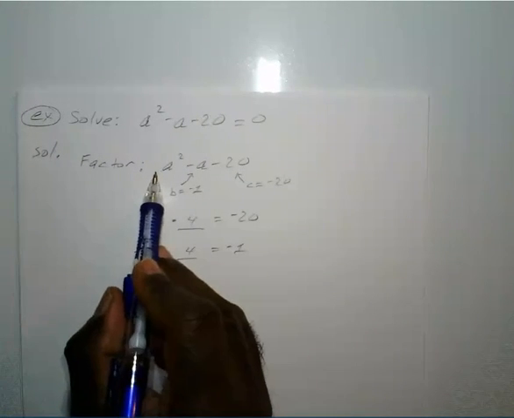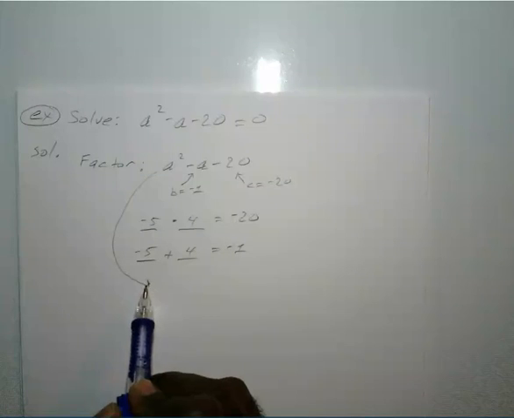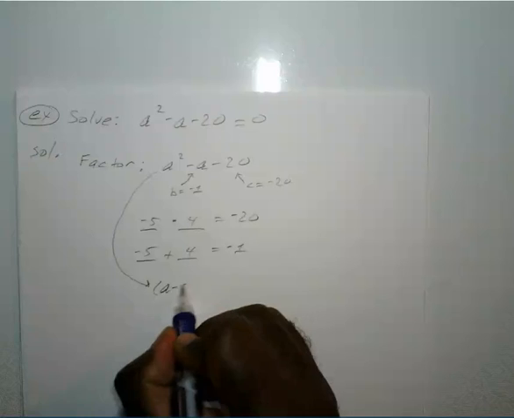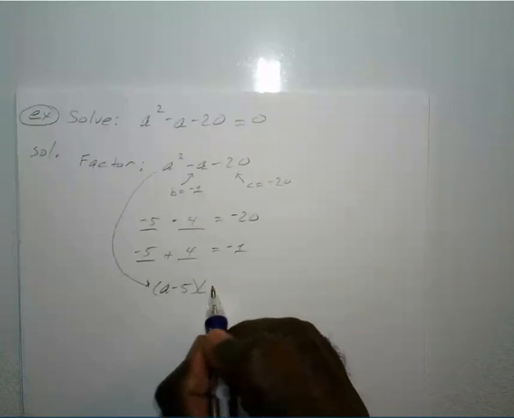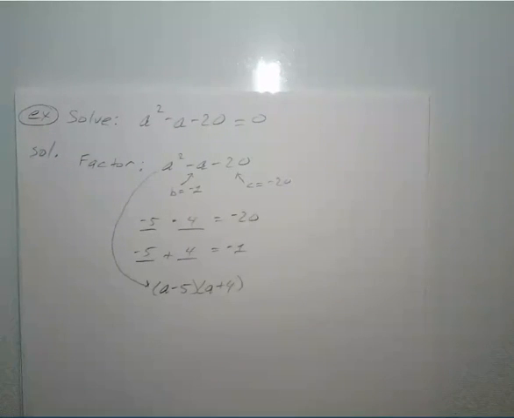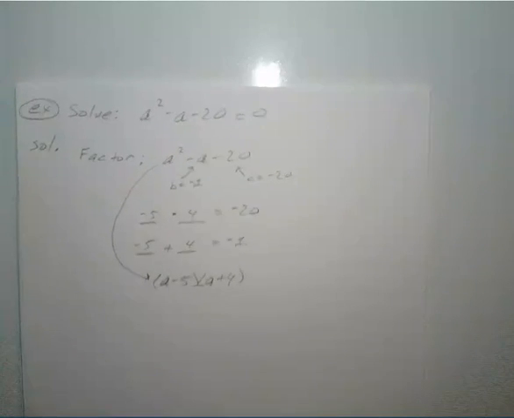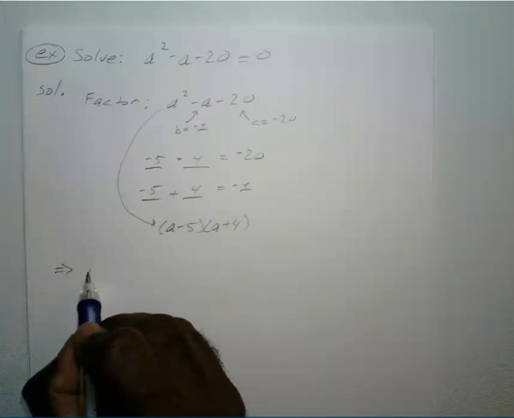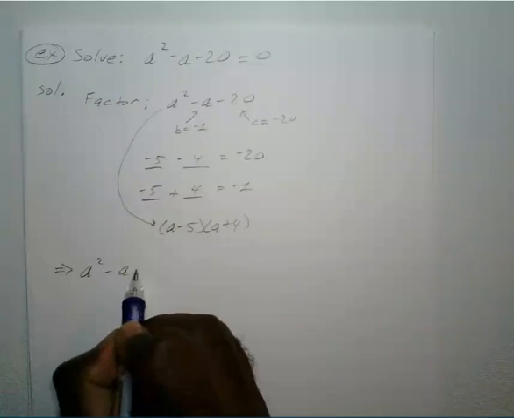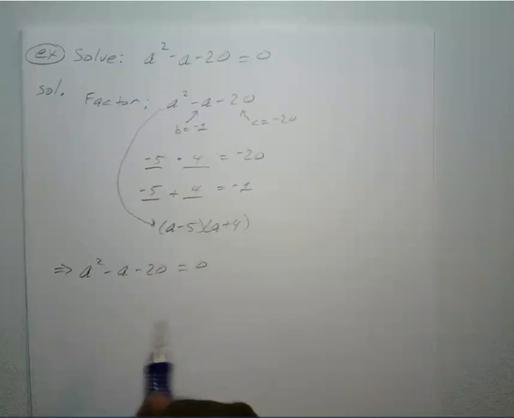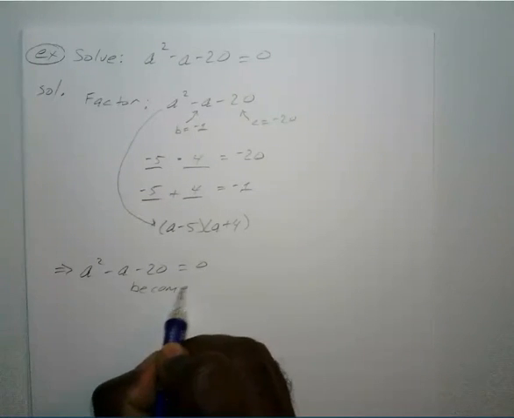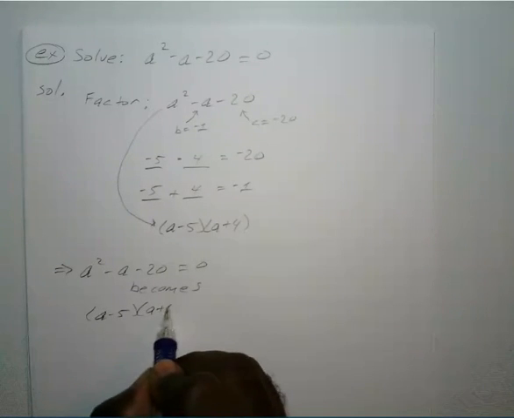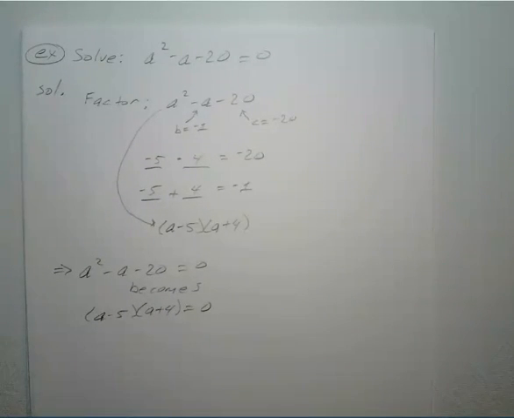So that means your a squared minus a minus 20 will factor into a minus 5, because it's negative, and a plus 4. So altogether, our a squared minus a minus 20 equals 0 becomes a minus 5 times a plus 4 equals 0.